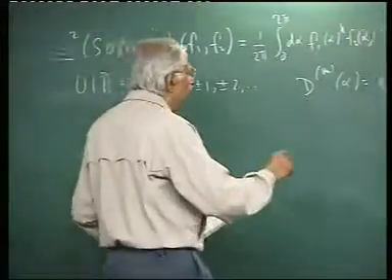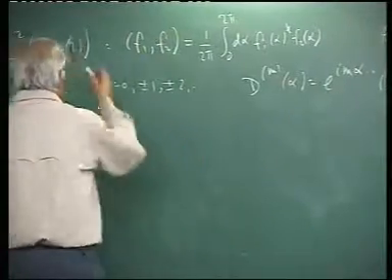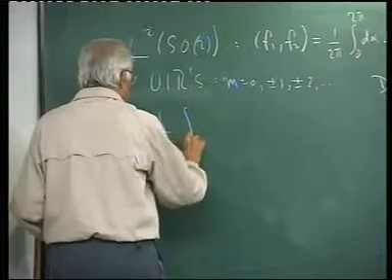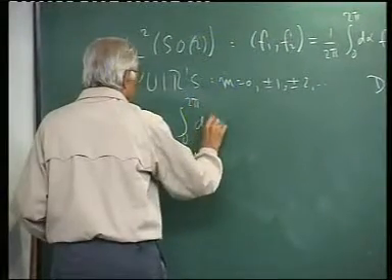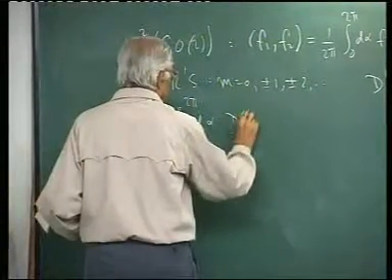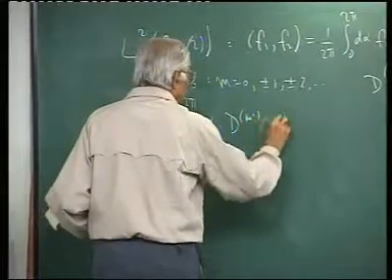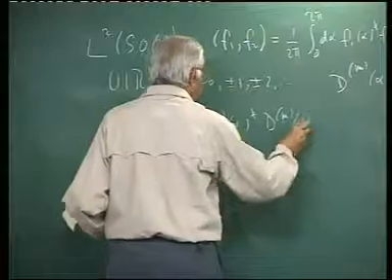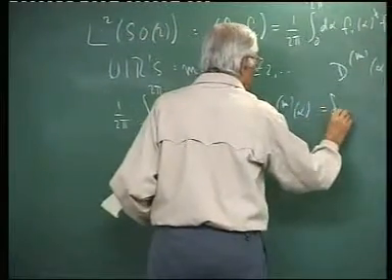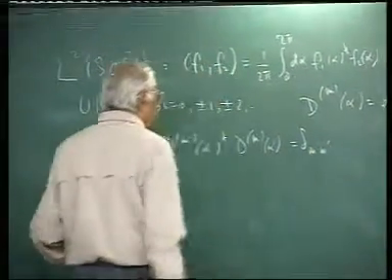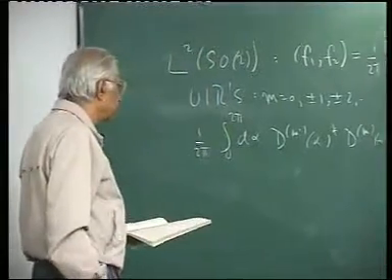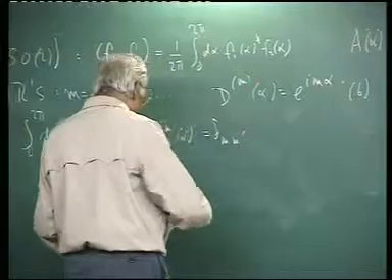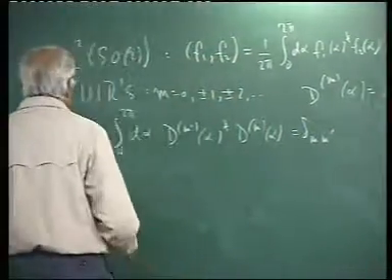The orthogonality and completeness theorems in this continuous case are just the following statements. If you take two irreducible representations, m and m prime, and integrate the product over the group, you get a Kronecker symbol, mutually orthogonal.